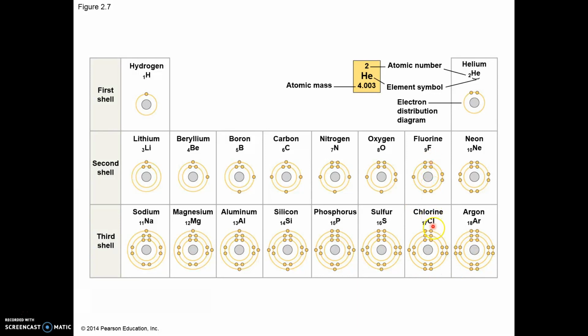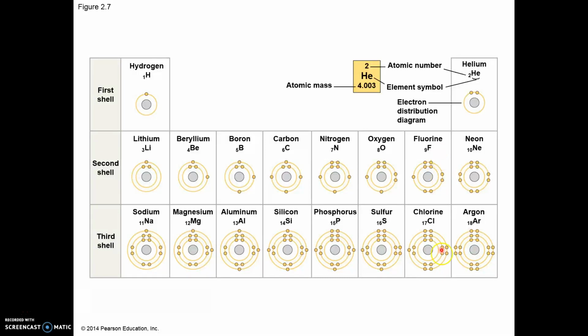Consequently, fluorine and chlorine behave very similarly in chemical reactions. Lithium and sodium behave very similarly in chemical reactions. And in this case, the easiest thing for lithium and sodium to do would be to somehow lose that outermost electron, because if it just lost that 1, then the next shell down is full.